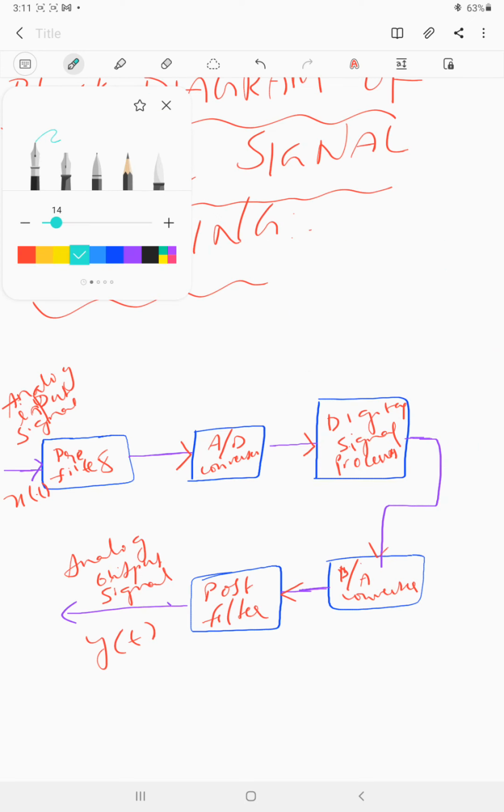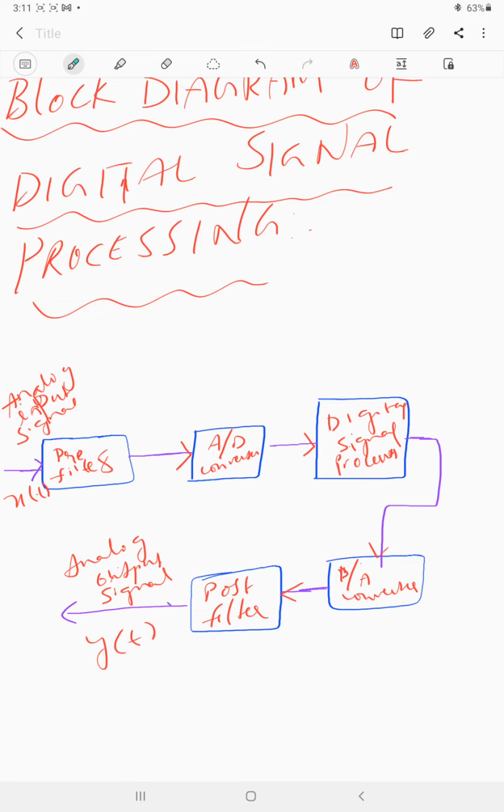In this block diagram, we can identify the different blocks: pre-filter, analog to digital converter, digital signal processing unit, digital to analog converter, and post filter.